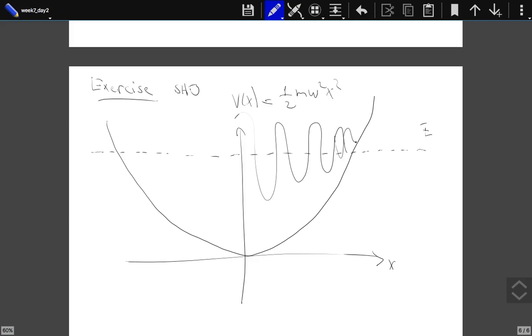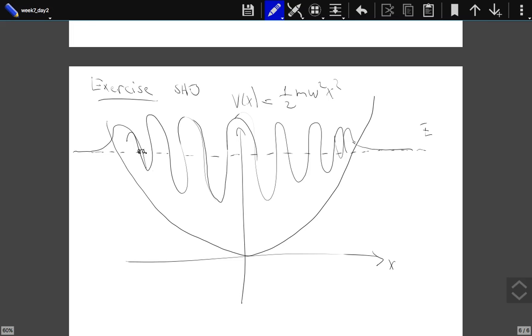When it reaches the potential barrier, it will just exponentially decay. It cannot increase, because if it starts increasing, its integral will not be finite, so we cannot normalize. And on the other side, again, we have this exponential tail. So this will be the general behavior of the wave functions in the simple harmonic oscillator.